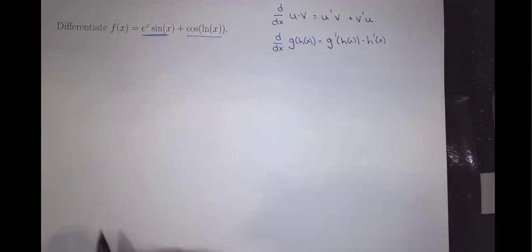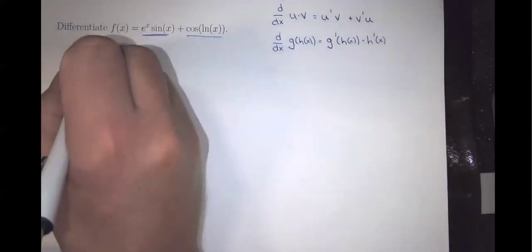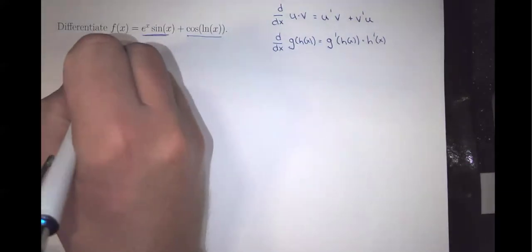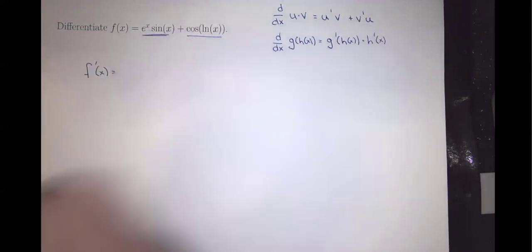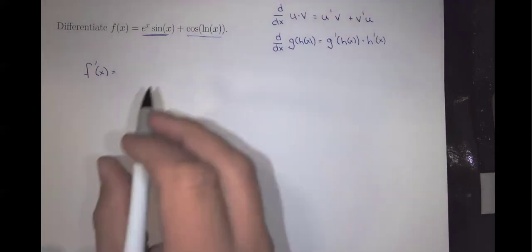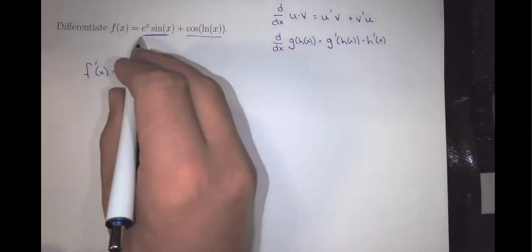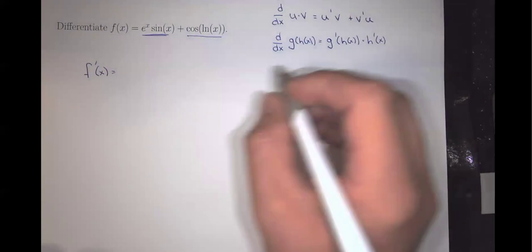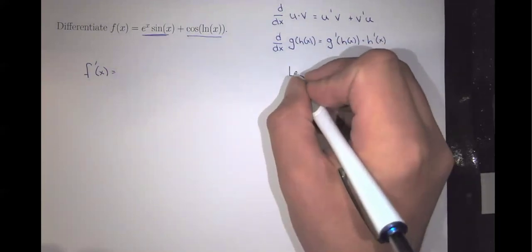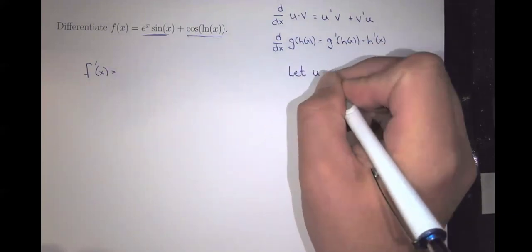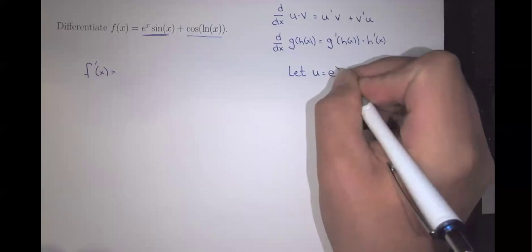Okay, so when we differentiate our function f, it's the derivative of the first plus the derivative of the second. So if we differentiate this first piece, we're going to let u be e to the power of x.